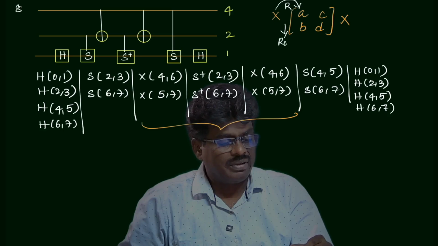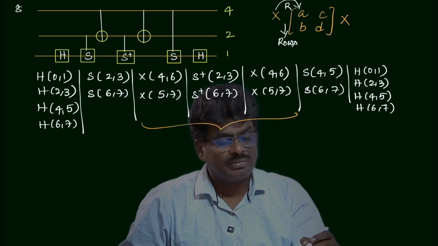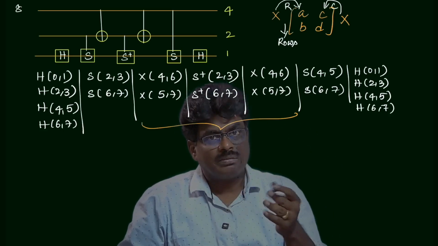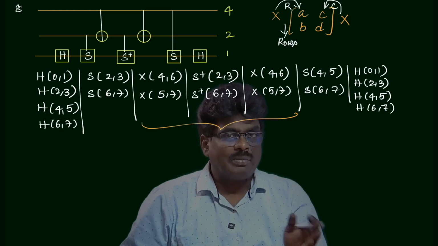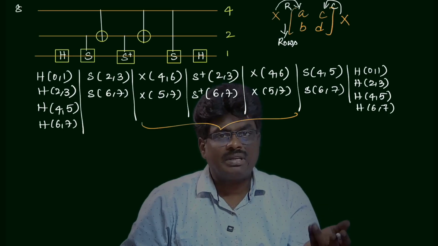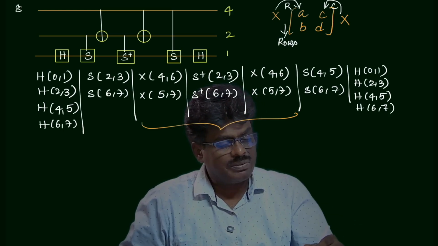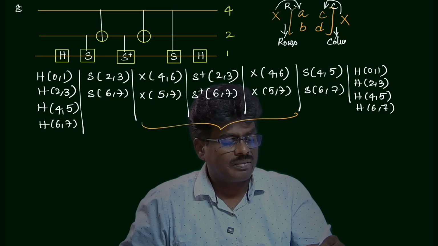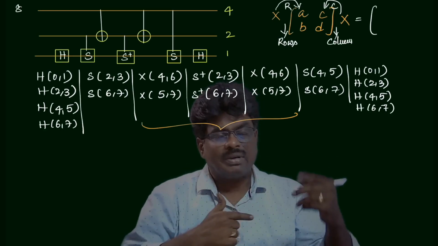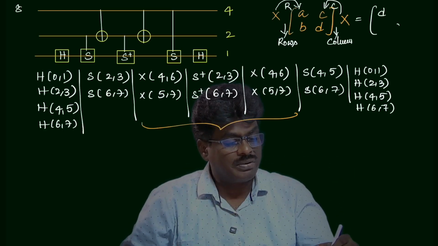So it will interchange rows. And this X from the left side, let us say column. Automatically, if one is the right side, the other one is the row and the other is the column. So this will interchange columns. Then what will happen? Then the diagonal elements will interchange. If you want you can check.